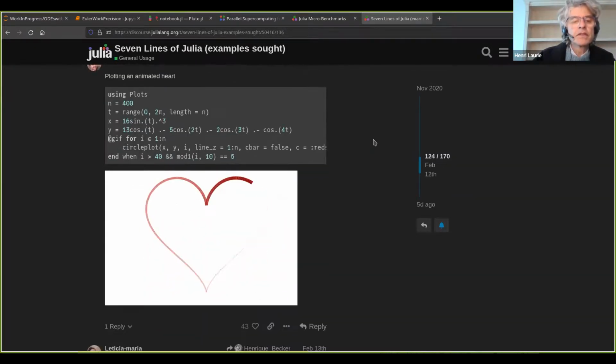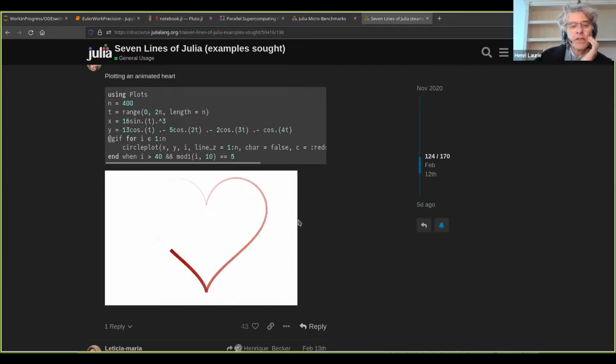For instance, this art. I should say that this one was posted, it wasn't created by the person posting it. They just posted it from the Julia plot package. So this is one of the boasting creations within plots, just to create this beautiful spinning heart. Okay, so back to the presentation.